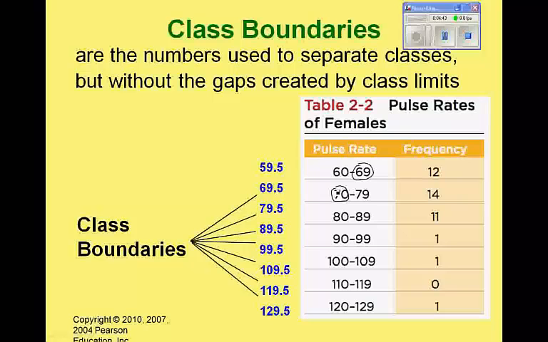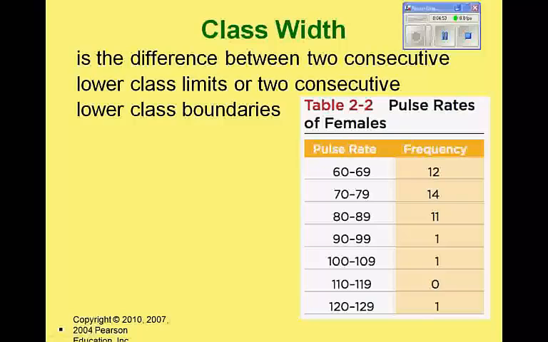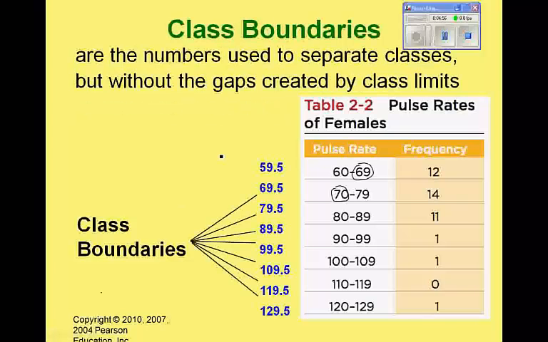So halfway between 69 and 70 is 69.5, and halfway between 79 and 80 is 79.5. What the book will tell you to do is to take the lower class limits, 70 and 80, do what I said. Go between 69 and 70, and the midpoint of that would be, of course, 69.5.